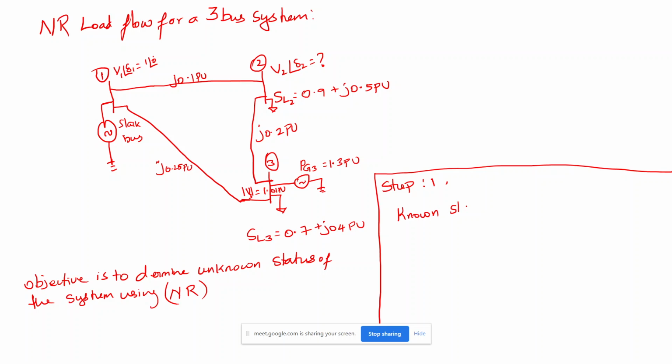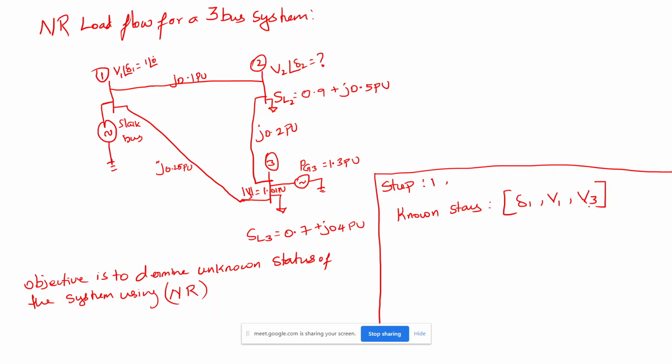Known states are del 1 is known and V1 is known and V3 is known. Am I right? Why? Because we can see the slack bus is bus 1 here, so V1 and del 1 are already known, always known to us. If it is not given also, we will always assume the value as 1 and 0. So del 1 and V1 are known.